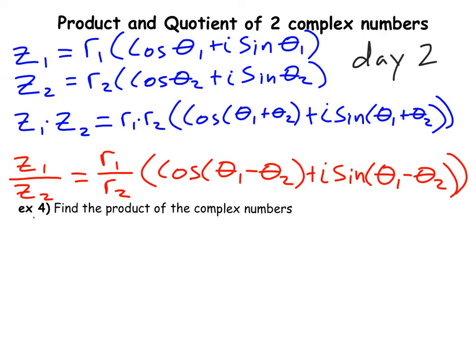Now, if we're going to do this, we need a couple of complex numbers. Let's do 2 cosine of 2 pi over 3 plus i sine 2 pi over 3.